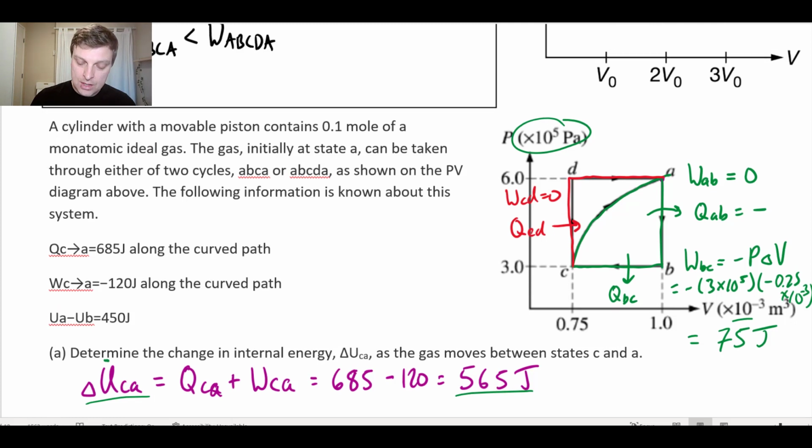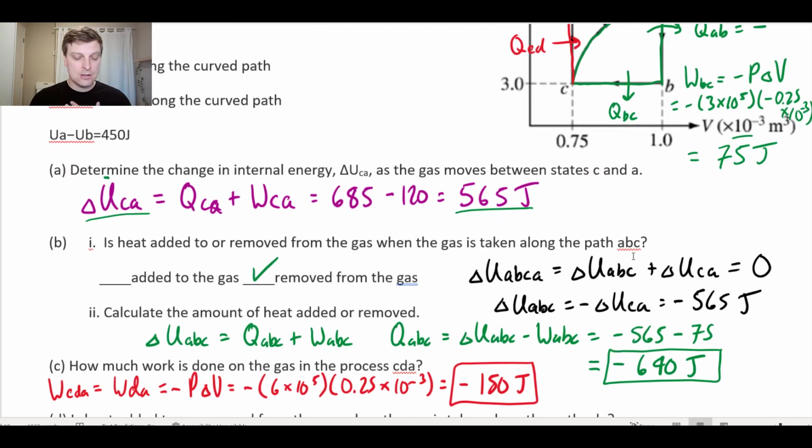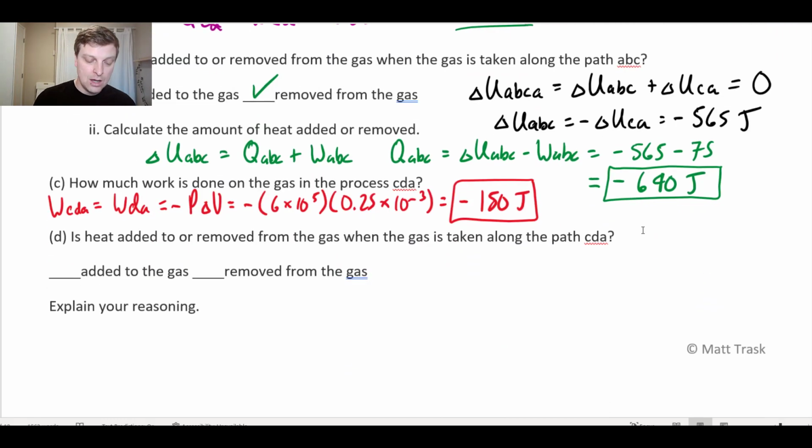And then over here, I found that the work in DA, I don't even worry about the number, is negative. So the work was done by the gas, and yet we still expanded our volume, which means the only way that could happen is if more heat were to flow into the system here, heat DA. So as I go from C to D to A, heat must flow into the system. So heat must be added to the gas, okay?